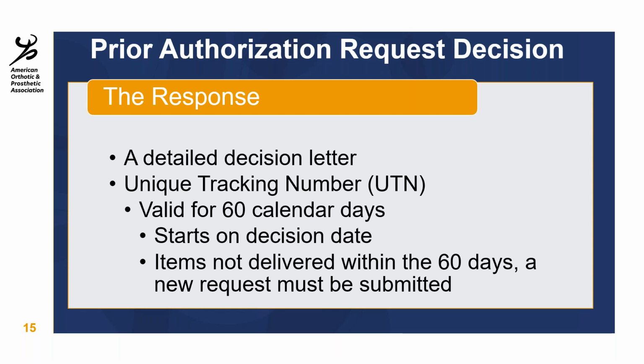Each decision letter will include a unique tracking number, or a UTN, which will be required for your claim submission, as it is your proof or record that you have followed the prior authorization process for payment, and also that everything has been done and everything has been accounted for. And then also that letter would include a detailed explanation or rationale for why your prior authorization request was deemed to be not valid or found to be non-affirmed if your request was unfavorable.